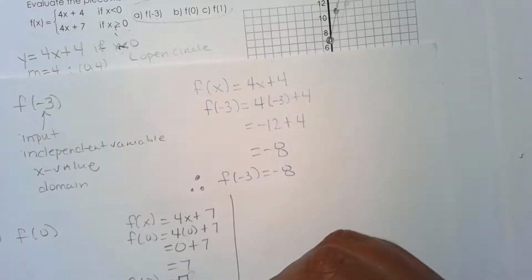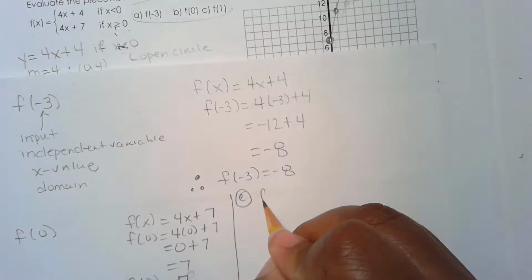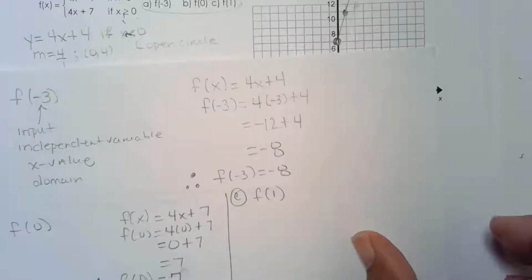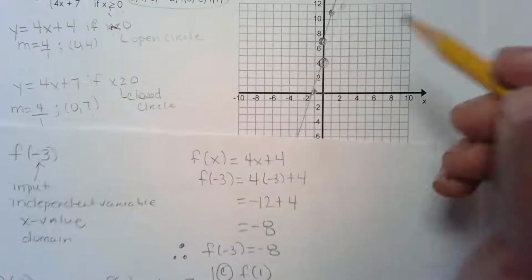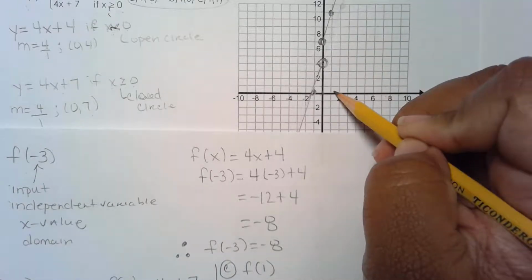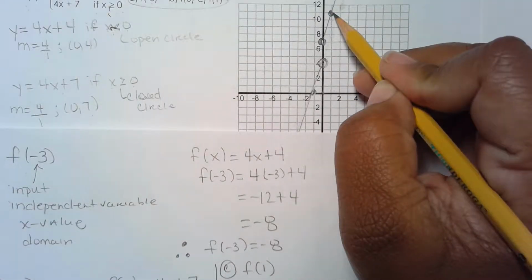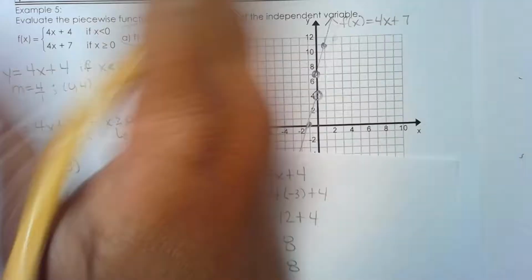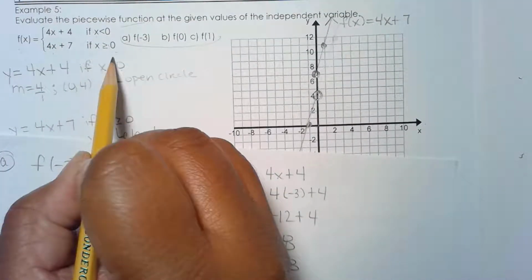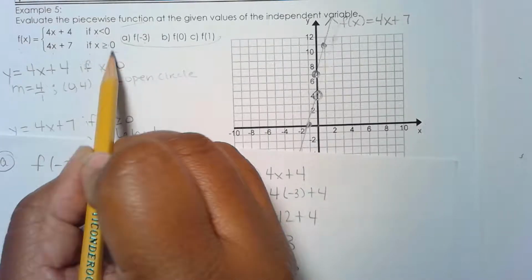And then we have C, f of 1. At 1, look at your graph. At 1, we see a point that's 11. Or we can determine which equation we will use by the restriction here.